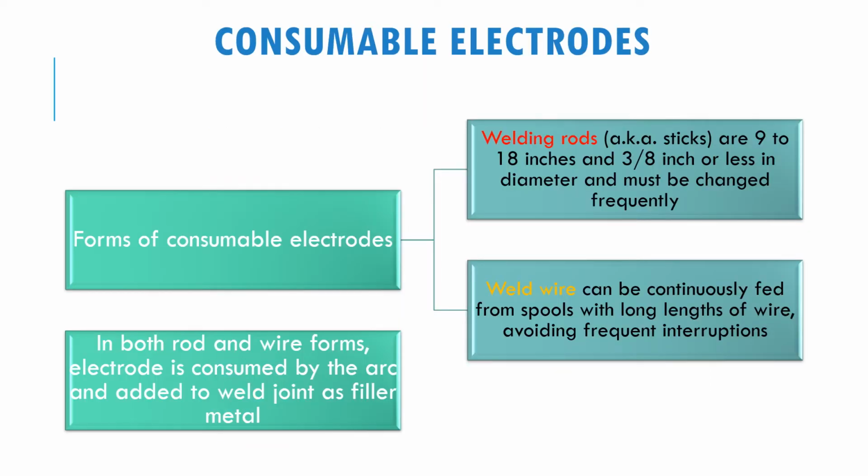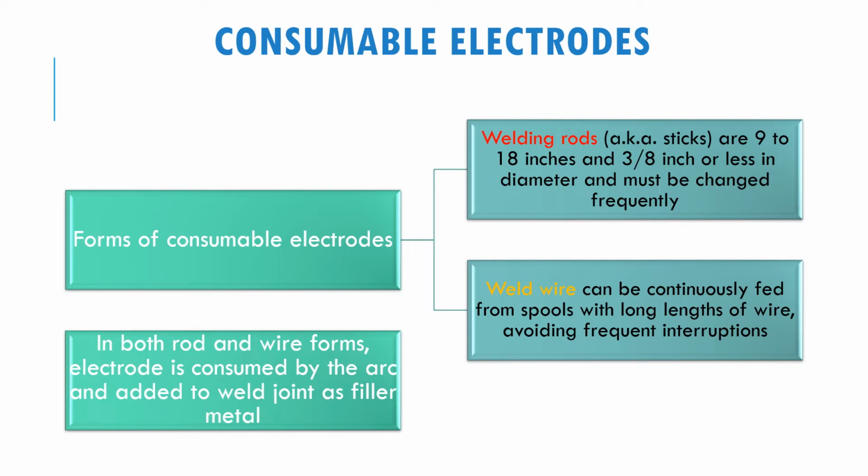For consumable electrodes, there are two forms. One is the welding rod, or stick, 9 to 11 inches long and 3/8 inch diameter or less, and it must be changed frequently. The other is weld wire, which can be continuously fed from a spool with a long length of wire, avoiding frequent interruption.